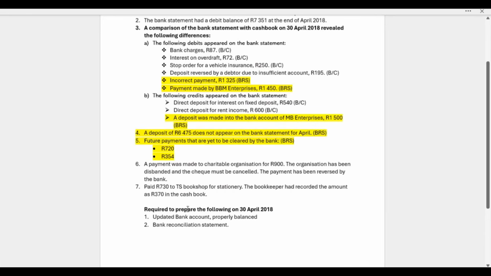BRS, okay. And then transaction number 6, they say a payment was made to a charitable organization for 9,000. The organization has been disbanded and the check must be cancelled. The payment has been reversed by the bank. So here, a business donated money to a charity organization, and then found out later that the charity organization has been disbanded.